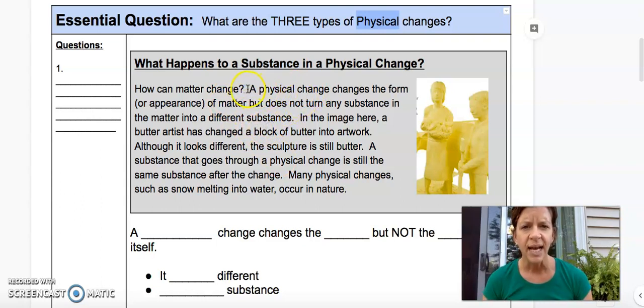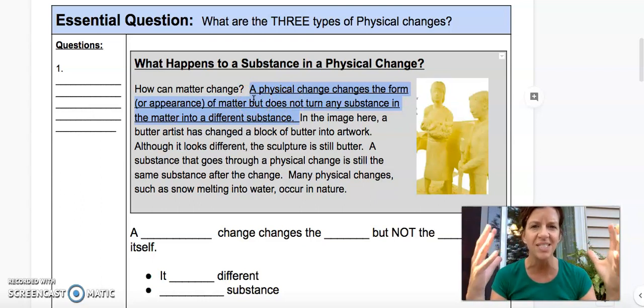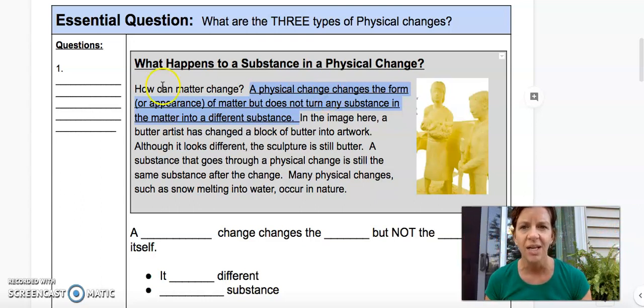As I'm looking at it, I see here it says a physical change, and then it talks about what it means. That is the sentence that makes sense to underline, okay? Because it's not talking about examples, it's not talking about cutting or carving or shaping. It's just talking about what is the meaning of physical change. It changes the form, but it does not change it into something different, okay?